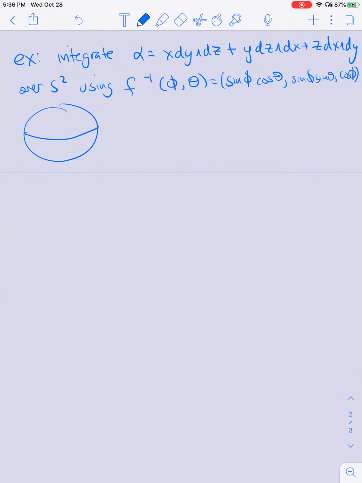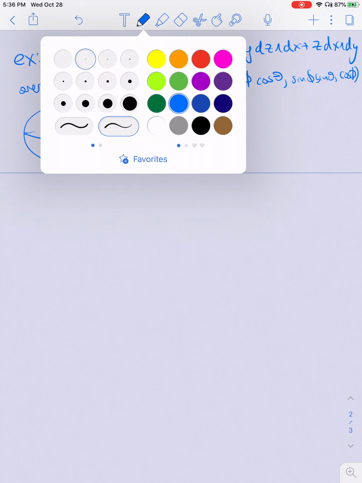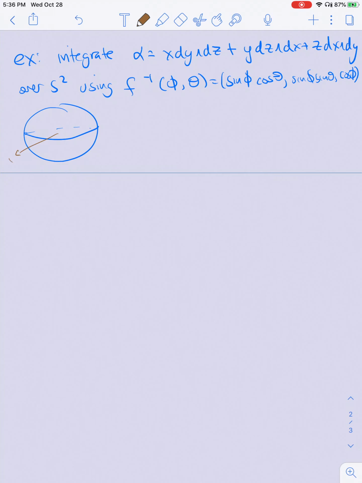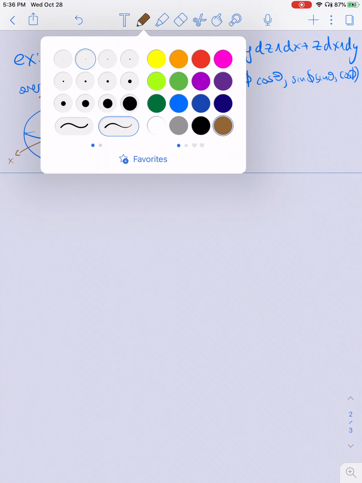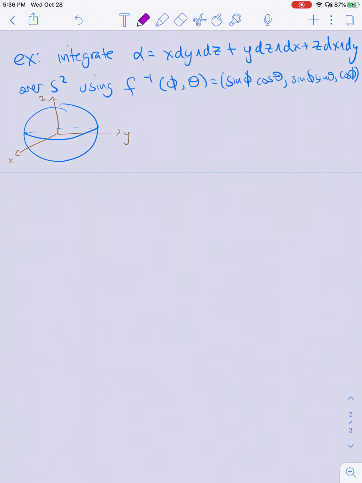Okay, so all right, so I'm integrating this 2 form over S2. So S2 looks like this. I'll put a little axes on here. So this is the x-axis, positive y, and positive z-axes. And this coordinate chart, F, covers almost all of S2, except it doesn't cover the North Pole, it doesn't cover the South Pole, and it doesn't cover this curve.